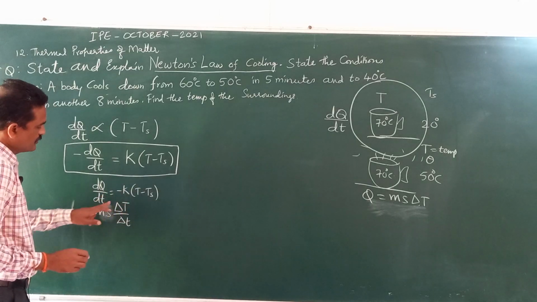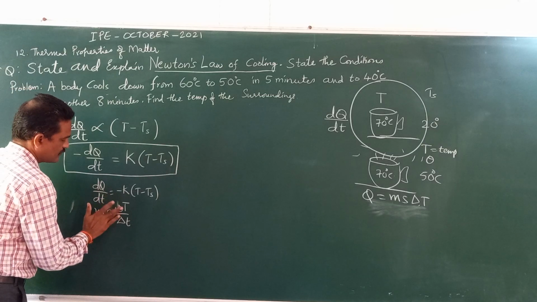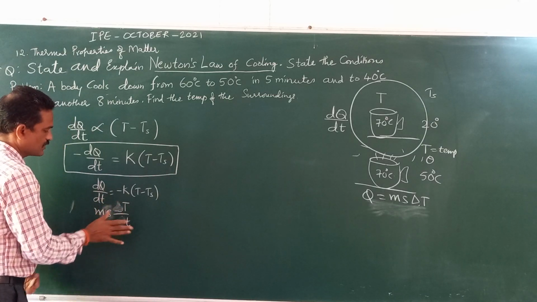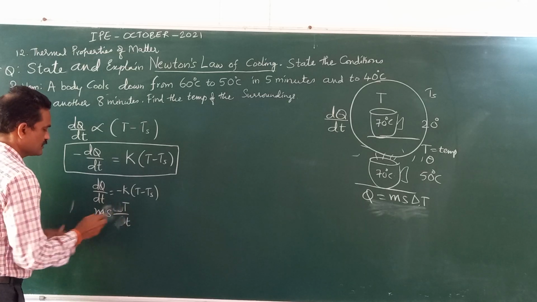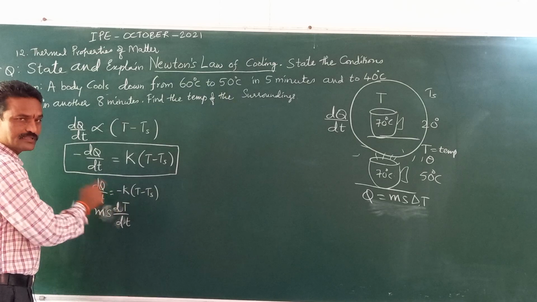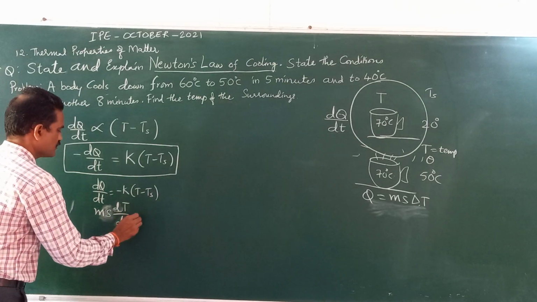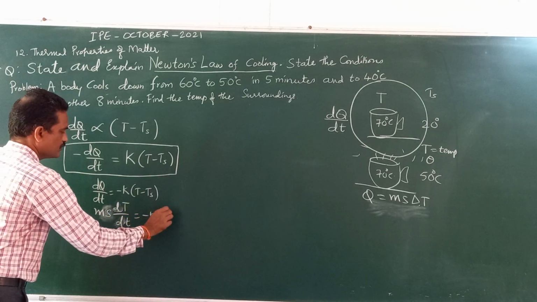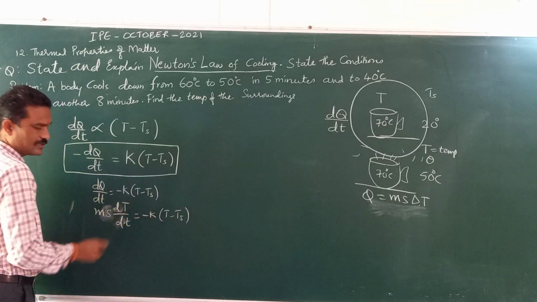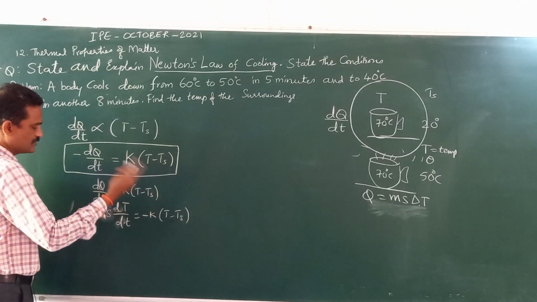Instead of writing delta, since it is a small value, we write in terms of differential form. So this will become m s dT by dt. Here capital T stands for the temperature. So this is equal to minus k into T minus Ts. So m s is a constant, you bring it to this side, then k by m s is also constant.